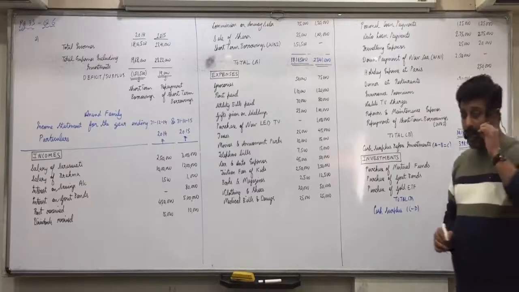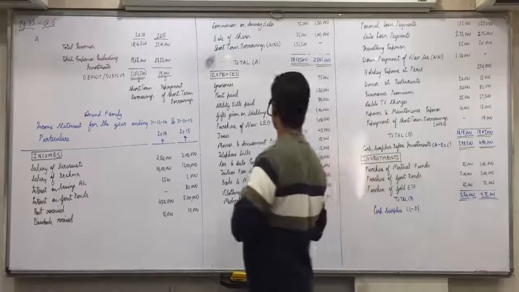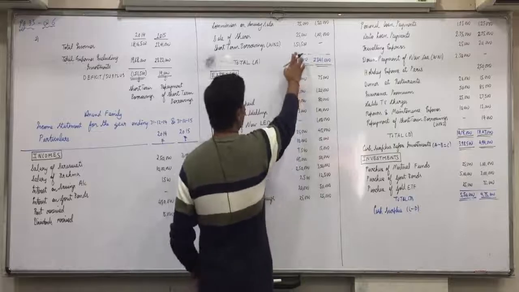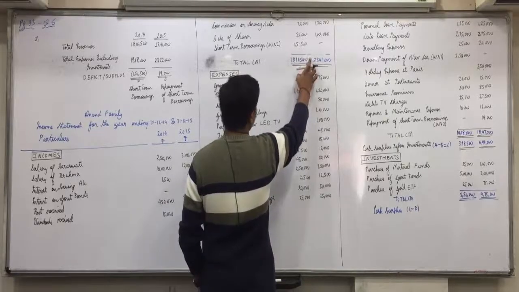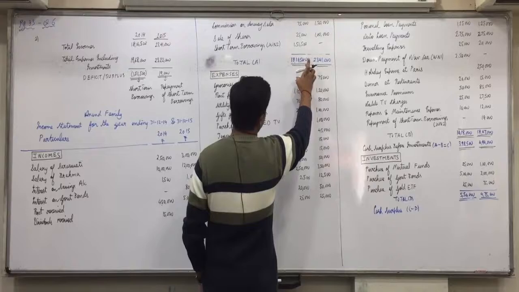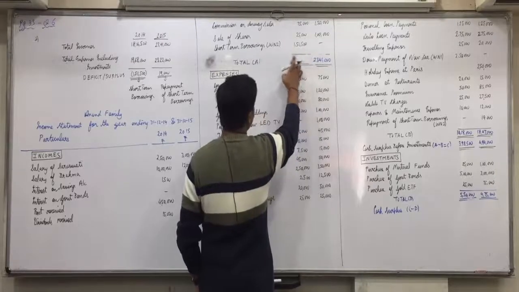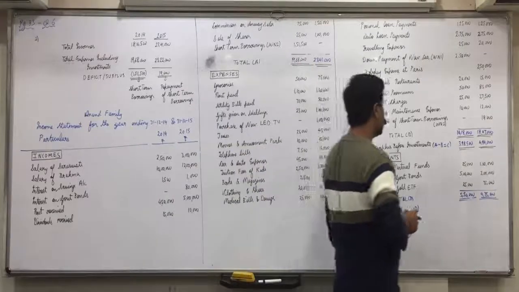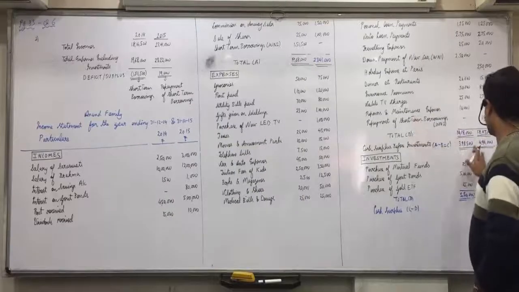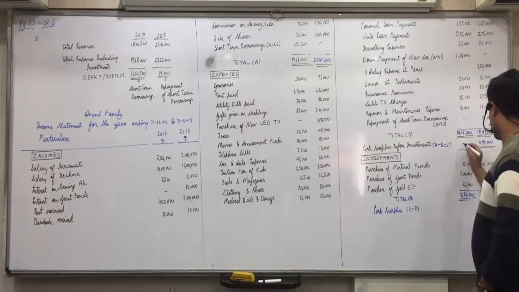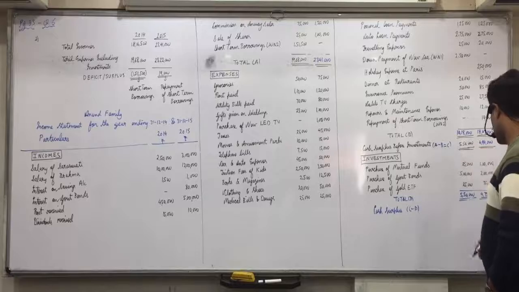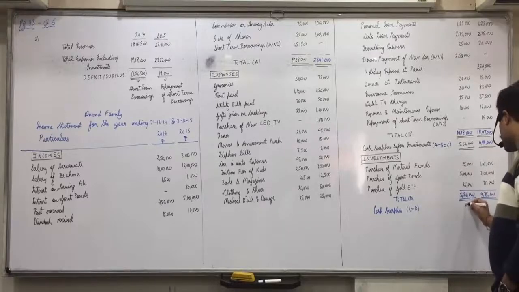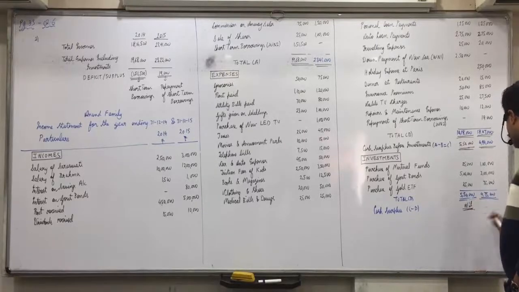Now with pen you can put the actual figures. 18,16,500 plus 1,51,500, now it will become 19,68,000. Surplus will become 1968 minus 1418, 5,50,000. And final cash surplus will become nil.